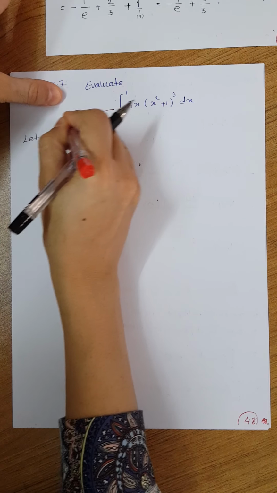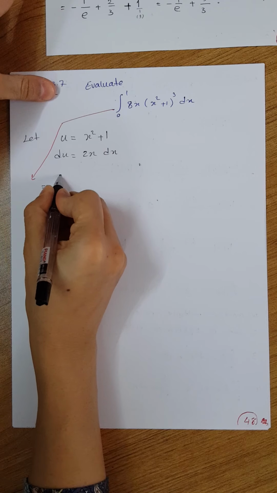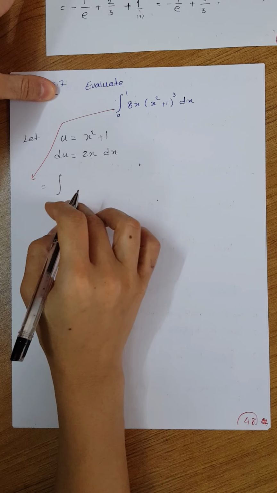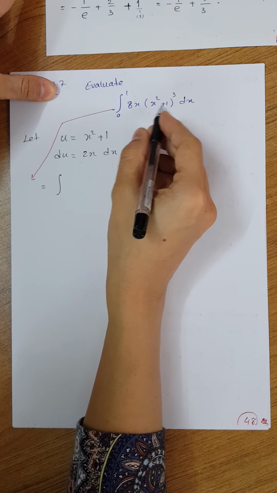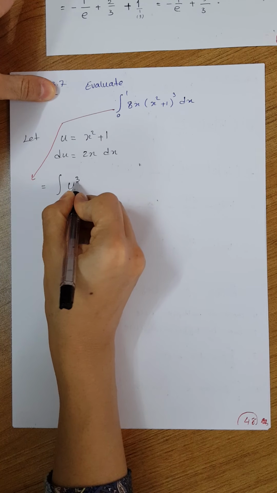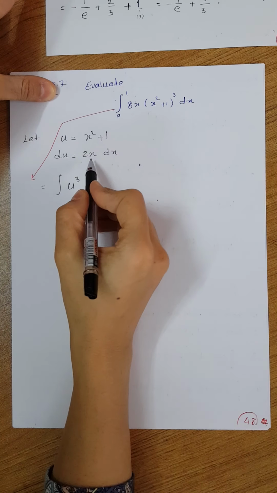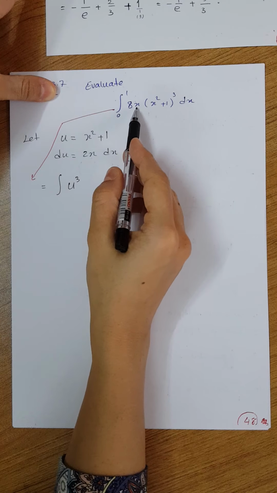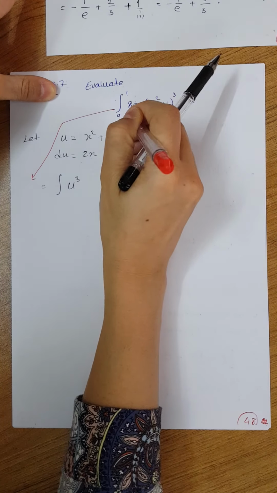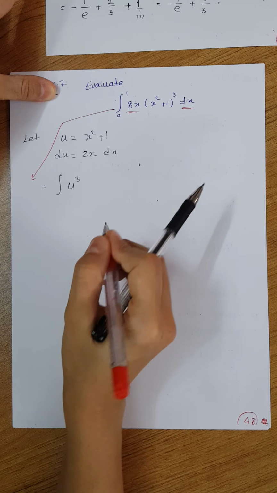And then what were we doing? We were changing the integration. That's equal to what? I'm not putting the bounds, okay? x squared plus 1 to the power of 3, that means u to the power of 3. And then instead of 2x, I have got 8x here, because we have to change whatever x we have got in the integration into u form.